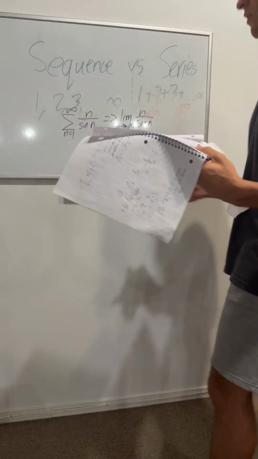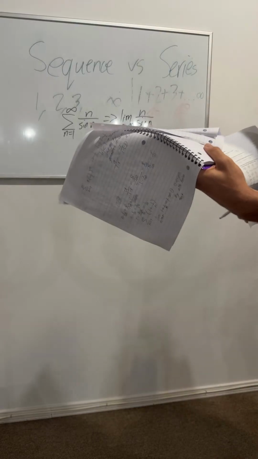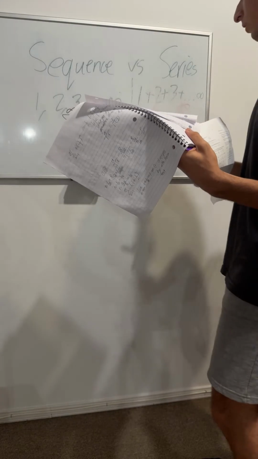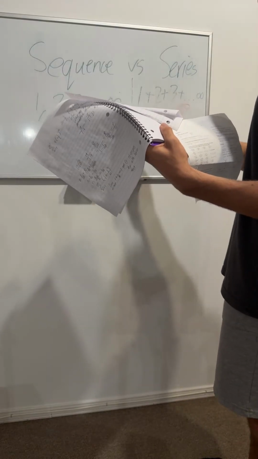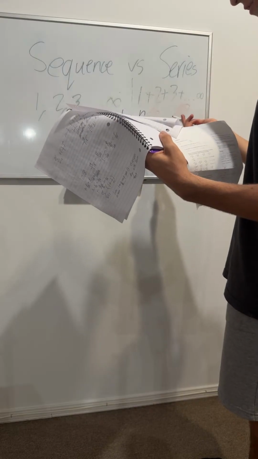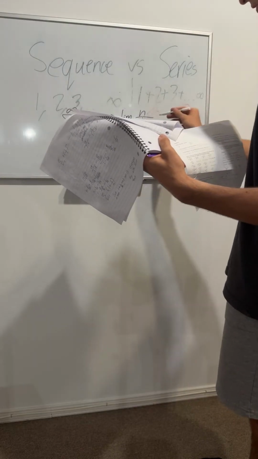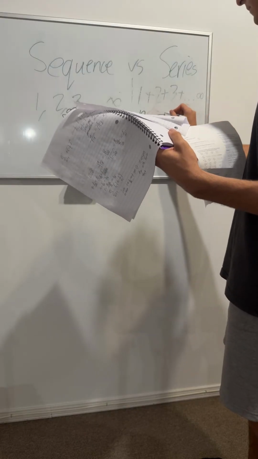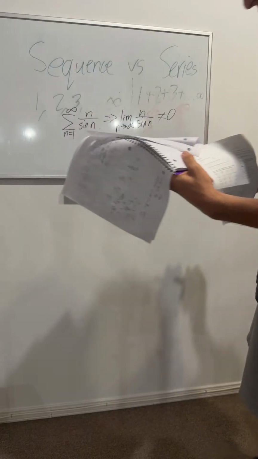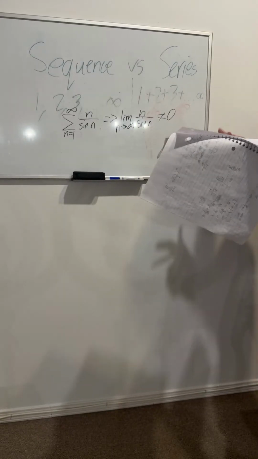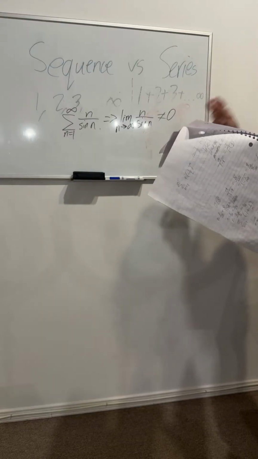I mean, it doesn't get easier than that, right? Well, what do we know about this? We know that sine will just keep on oscillating and n will keep on growing bigger. So the limit will not equal 0, right? Yeah, that's what we can assume. That the limit will not equal 0. And that is what we need.